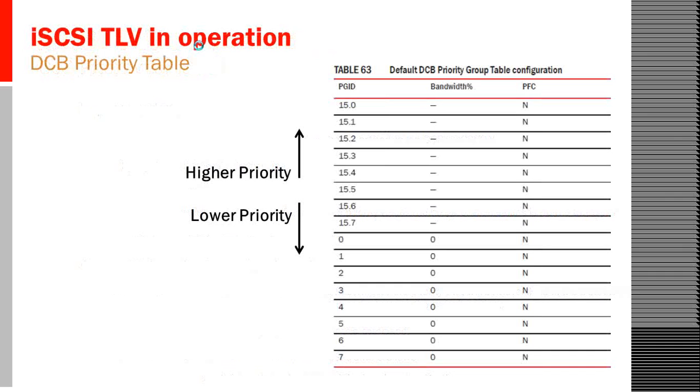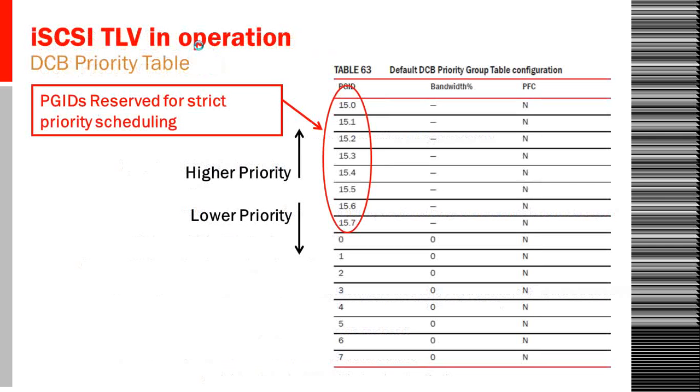The 15 dot PGIDs are all reserved. I've put that up straight away. They're all reserved for strict priority scheduling. So these are really involved on the control plane, how we're distributing information across the fabric, as I've described before.